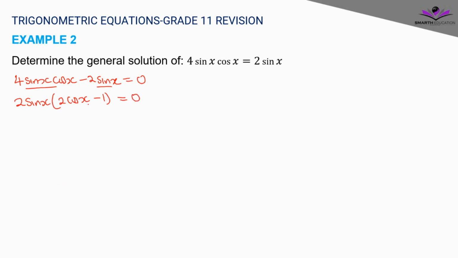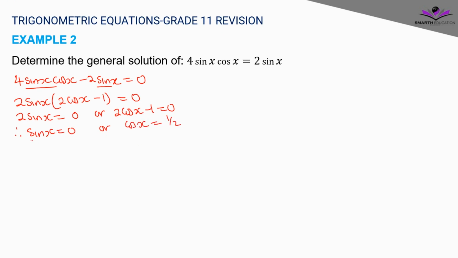And then it's either 2 sin x is equal to 0 or 2 cos x minus 1 is equal to 0. Therefore, sin x is equal to 0 or cos x is equal to 1 over 2.